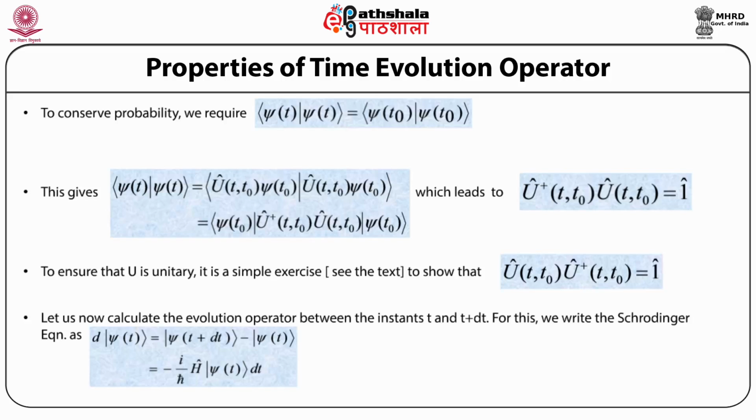Then, substituting the Hamiltonian operator H for the operator A in the above equation, we finally have that the time derivative of the expectation value of the Hamiltonian operator is equal to 1 upon iota h cross, whole times the expectation value of the commutation relation of the Hamiltonian operator with itself, and this turns out to be equal to 0, thus implying that the Hamiltonian or the total energy E of the system is a constant of motion.